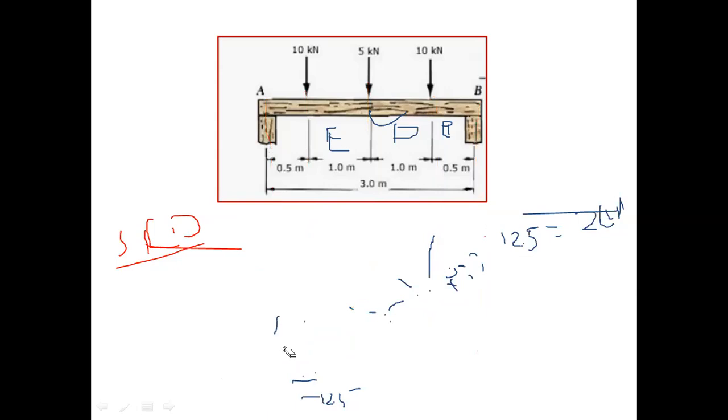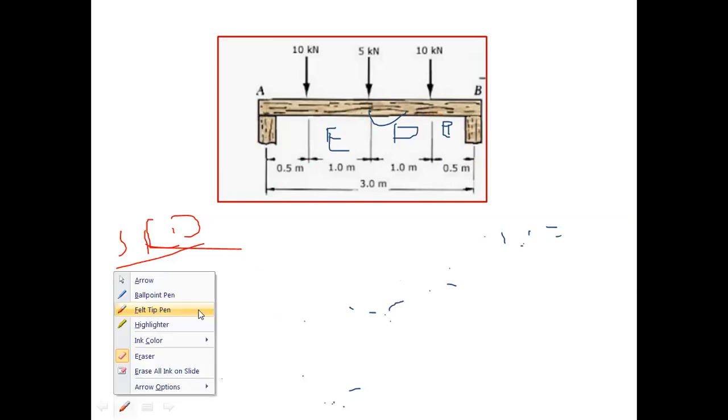After that the SFD, then draw the BMD, and the BMD must be drawn below the SFD diagram. So again we take a straight line.